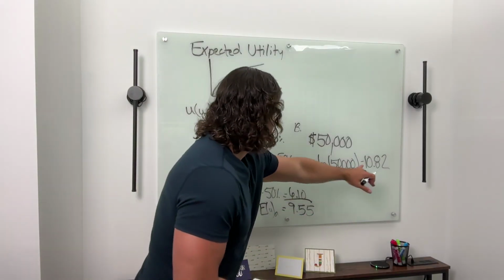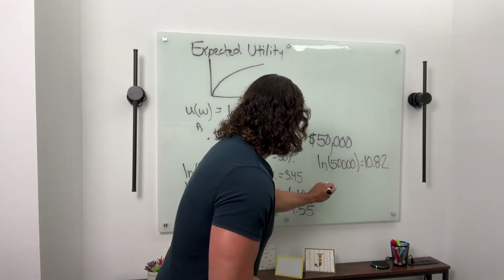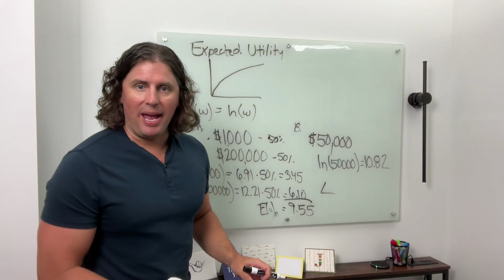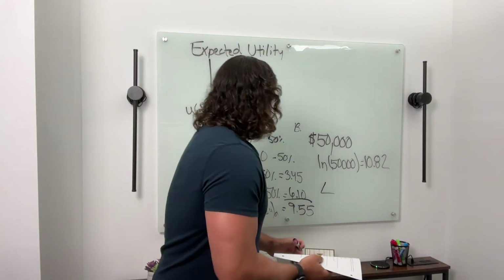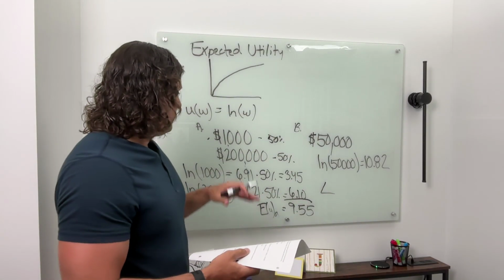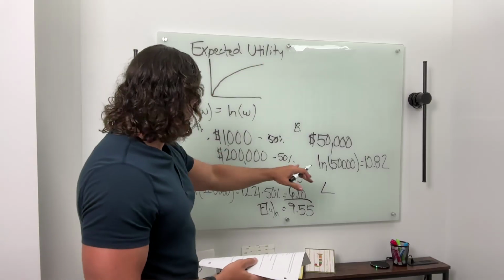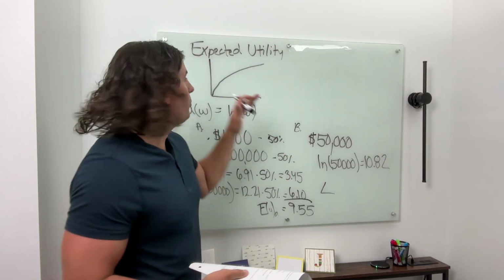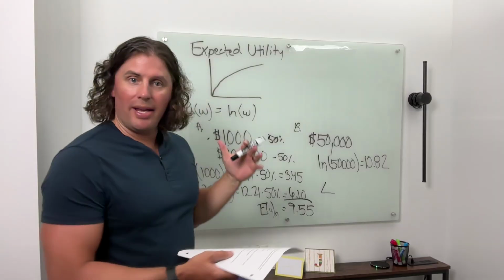And of course, 10.82 is greater than 9.55, and we are going to take the bank's offer. And so that's how we can use this expected utility function in order to make more reasonable real-life decisions.